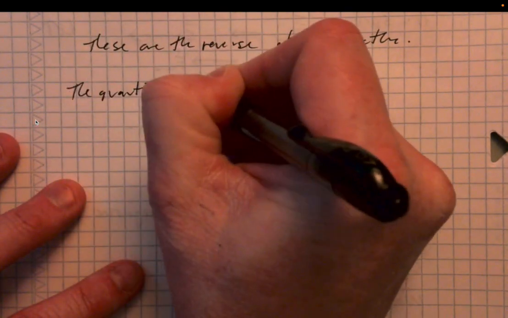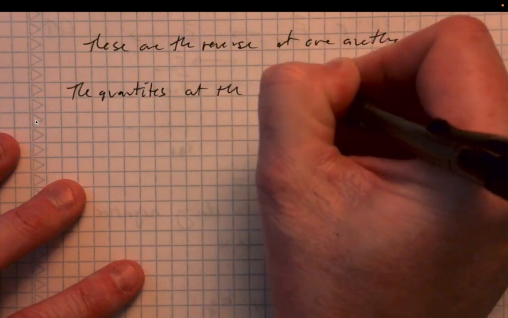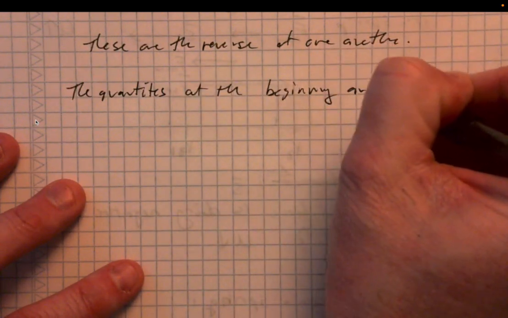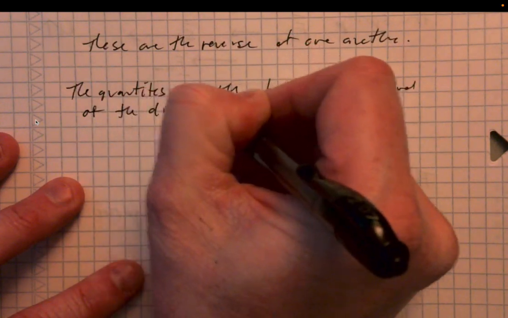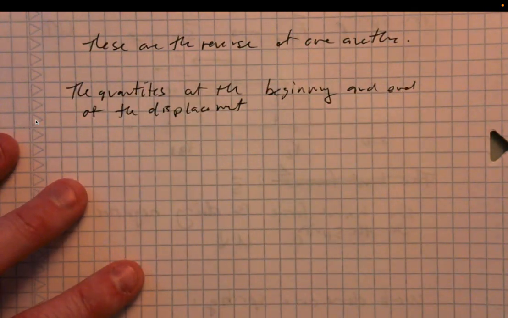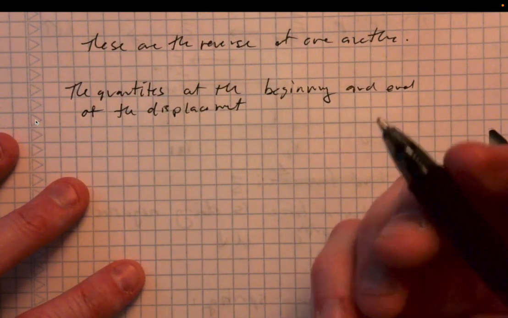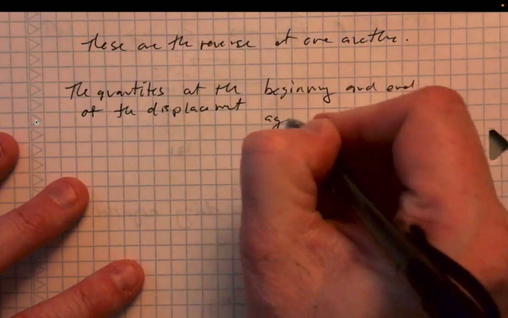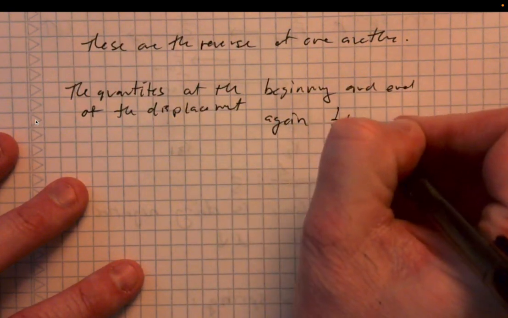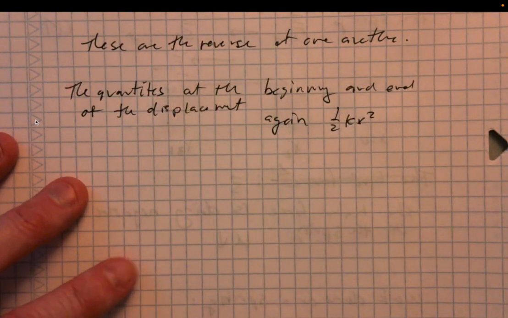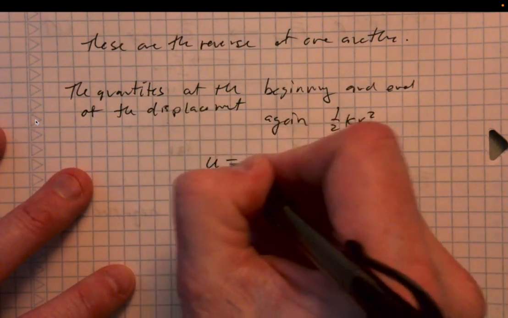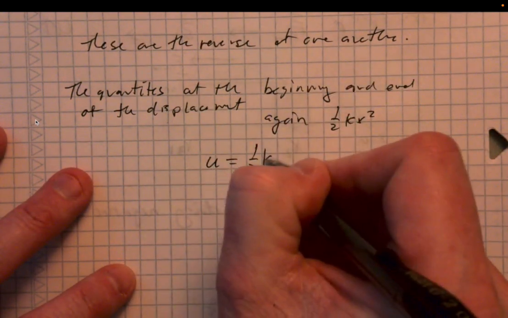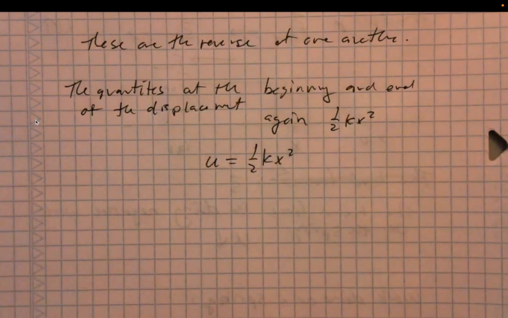And these are, again, 1/2 kx squared. Okay. And so we can talk about these as the elastic potential energy. So U is equal to 1/2 kx squared. That's the elastic potential energy of a spring.